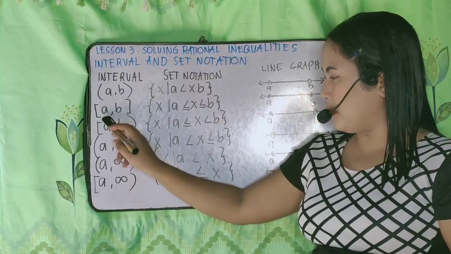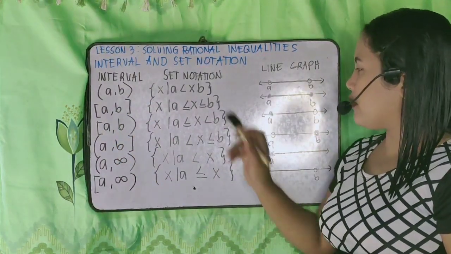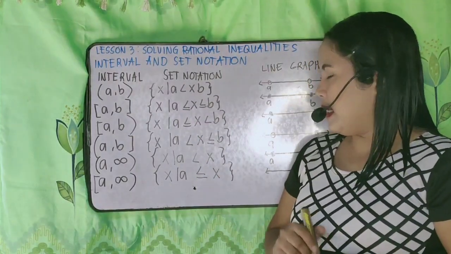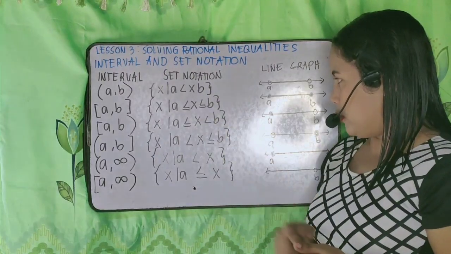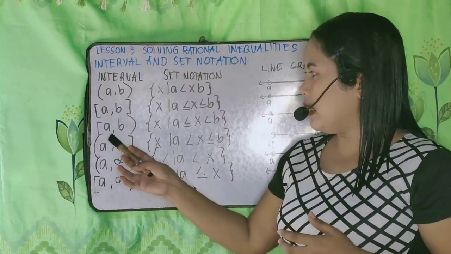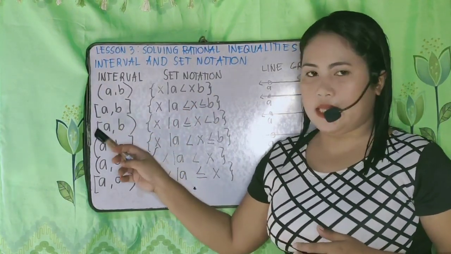For example, ito siya sa second interval, and for set notation, we have A is less than or equal to X, then X is less than or equal to B. And then we have here the pinagsamang open and close parenthesis, and close parenthesis and open bracket.